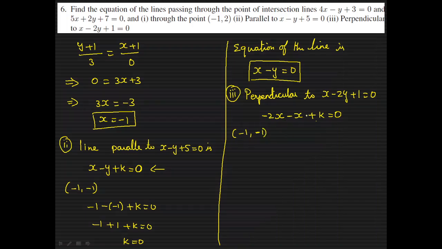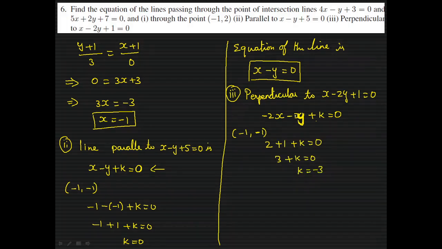So this equation passes through the point of intersection, that is minus 1 comma minus 1. If you substitute this point, and it is y here, it is not x. If you put x is equal to minus 1, you will get 2 here, and if you put y is equal to minus 1, it is plus 1 plus k equal to 0. So 3 plus k equal to 0, so k is equal to minus 3.